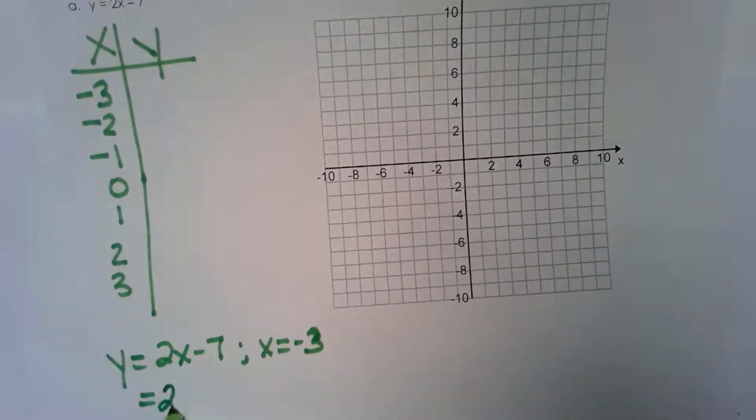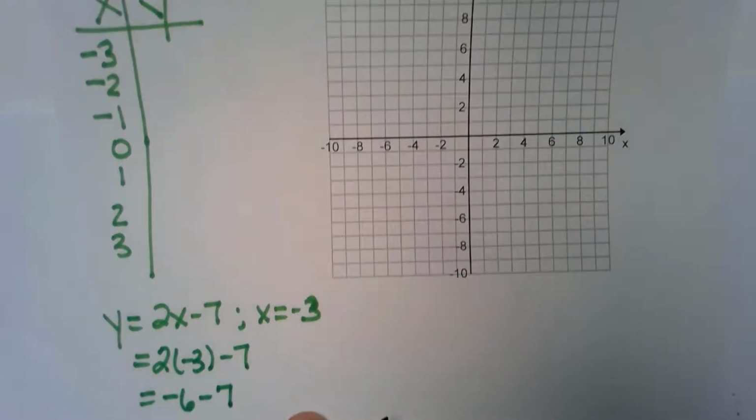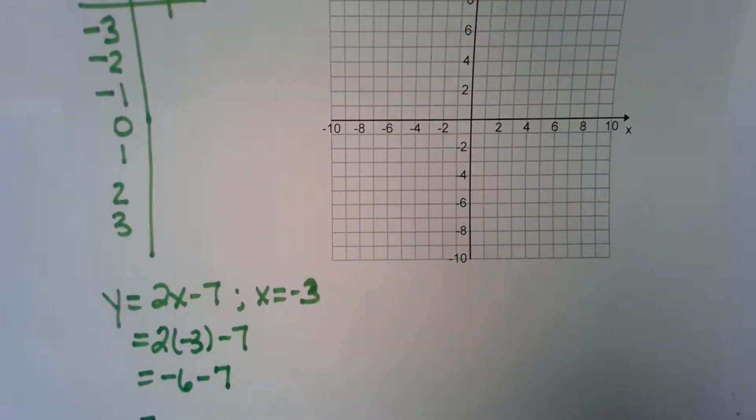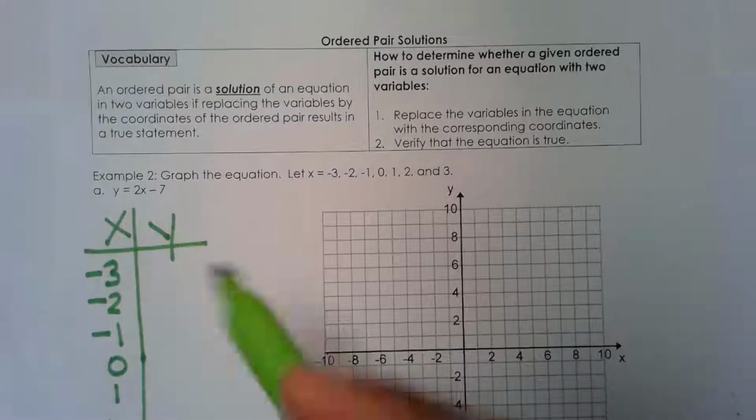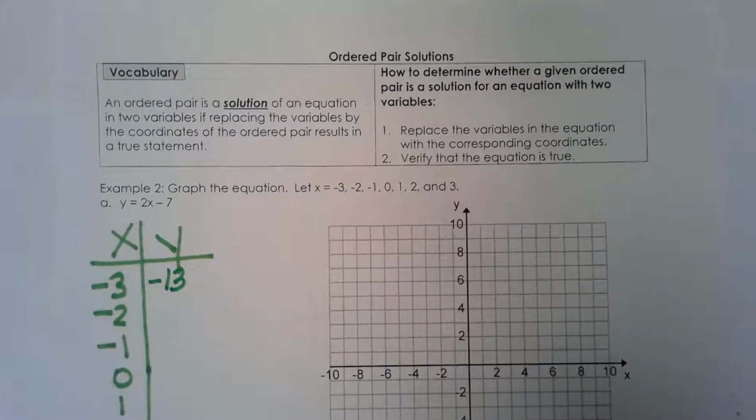So we have 2 times -3 minus 7. 2 times -3 is -6 minus 7, and -6 minus 7 gives us -13. So when we plot this point, we're going to plot -3 and -13.